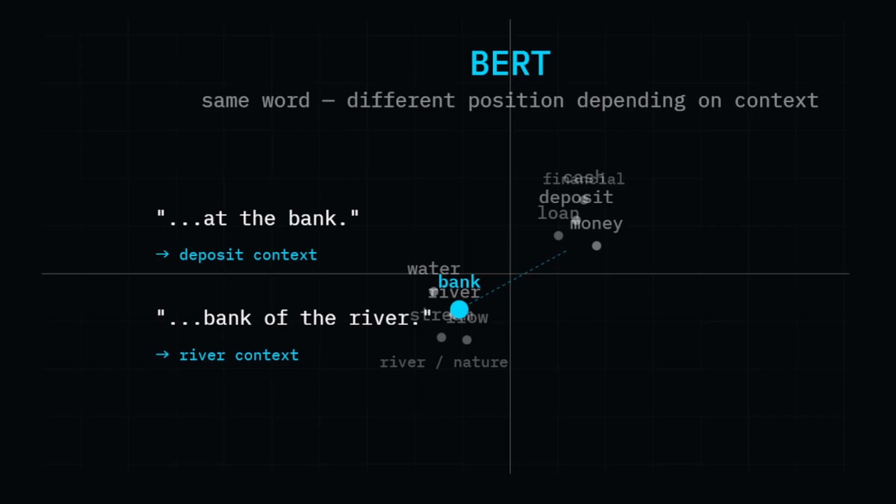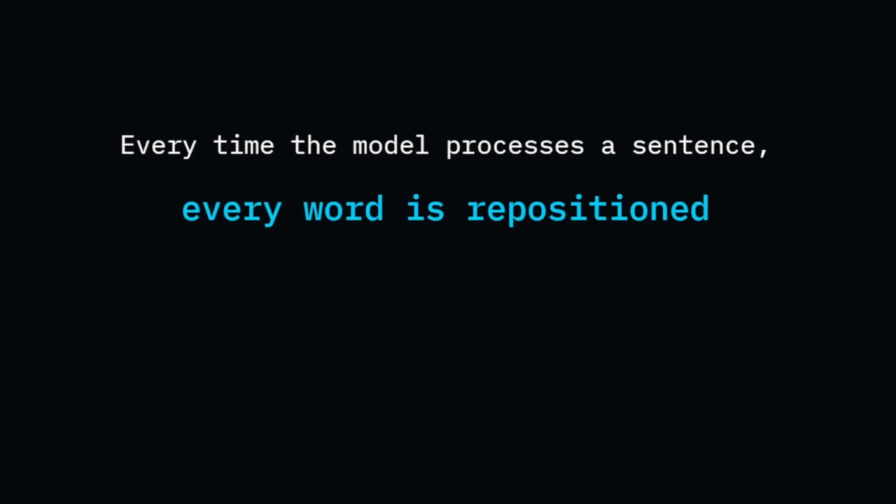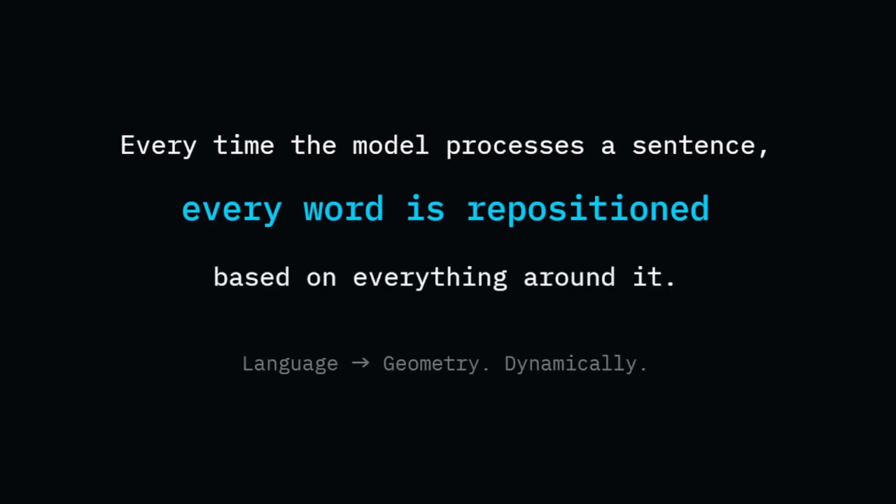This is called contextual embedding, and it's what powers the language models you interact with today. Every time the model processes a sentence, every word is being placed and continuously repositioned based on everything around it. The whole network is a machine for turning language into geometry dynamically in real time.